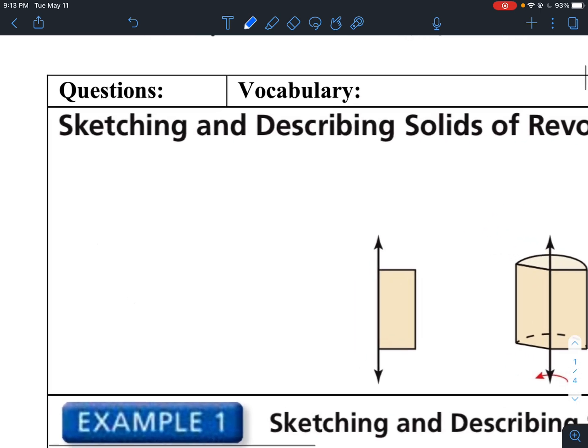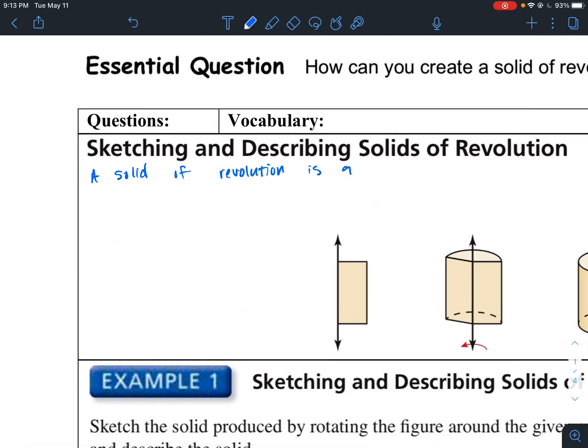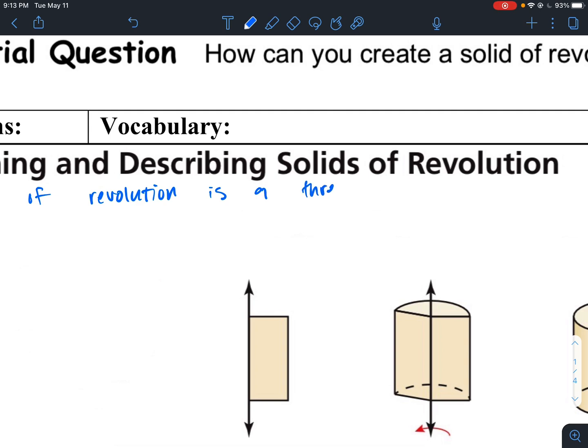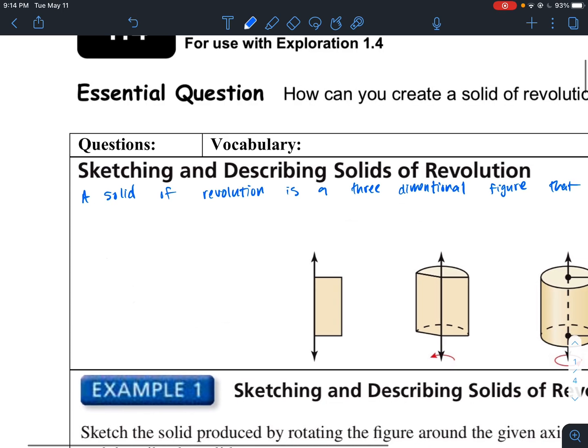So let's first define what a solid of revolution is. A solid of revolution is a three-dimensional figure that is formed by rotating a two-dimensional shape around an axis.